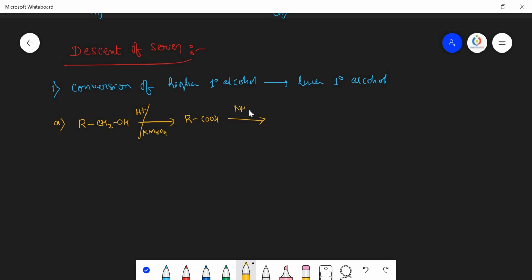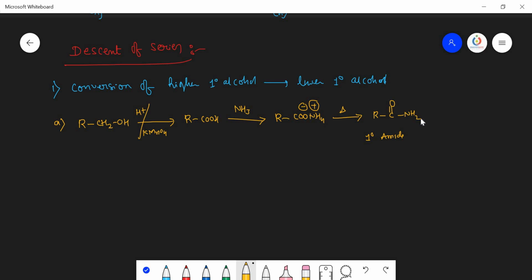So subject this one with the ammonia. It becomes COONH4, ammonium carboxylate. Ammonium carboxylate on heating will lose H2O molecule, so that we get the amide. This is the amide. The two primary amide, means nitrogen is having only hydrogens, no other alkyl groups.